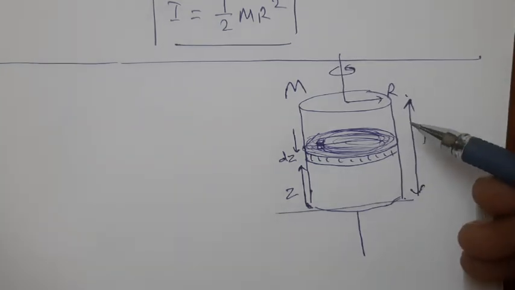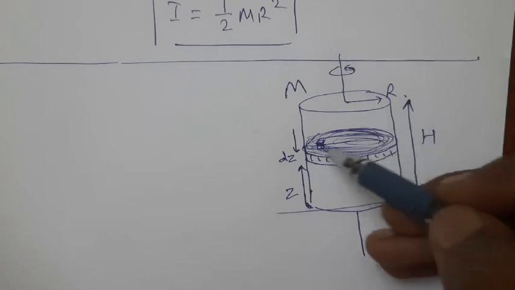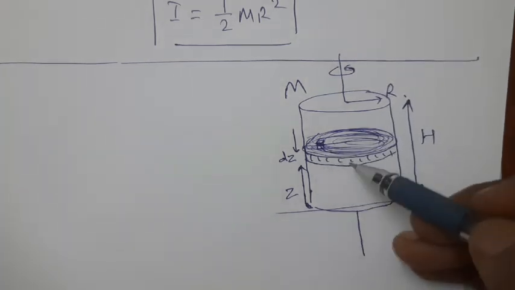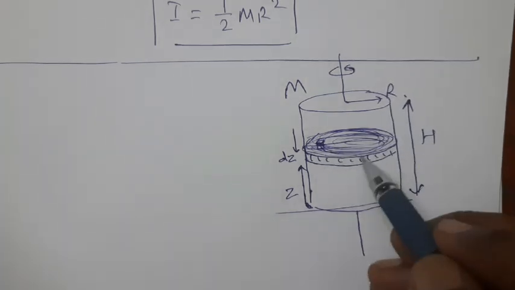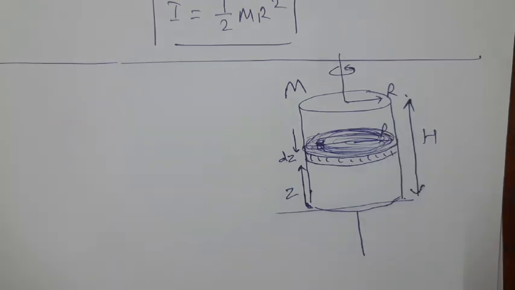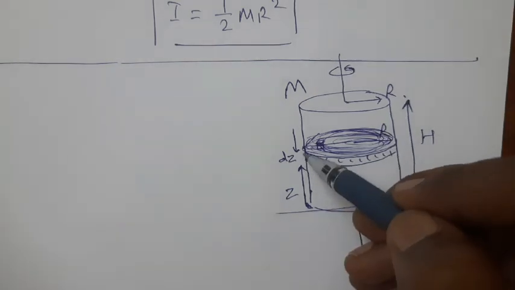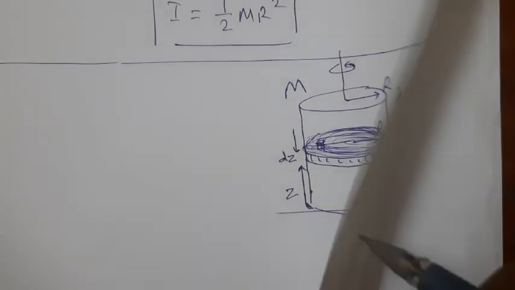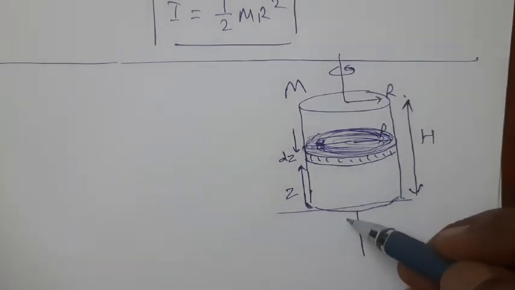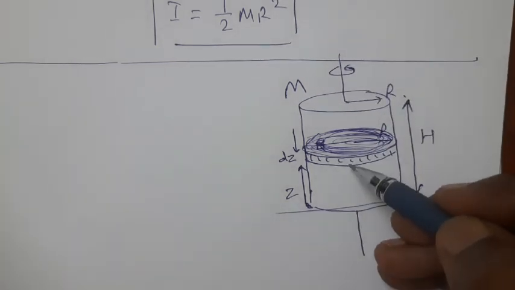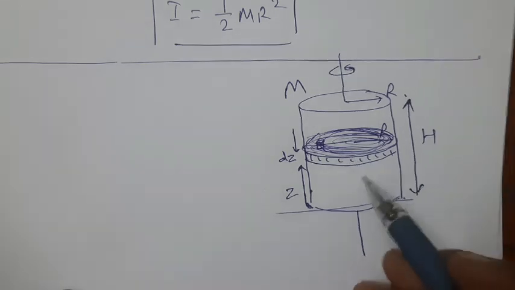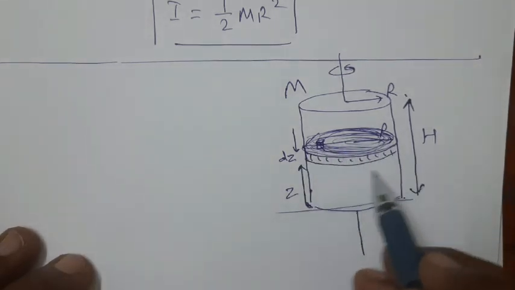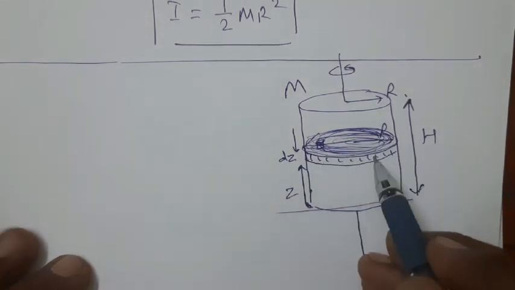Therefore what will I do? I will divide the cylinder into a number of disks of radius r. The radius remains same. Thickness dz, correct? Thickness dz at height z from the base. And if I am interested in the mass of this disk, then what will I have to do?